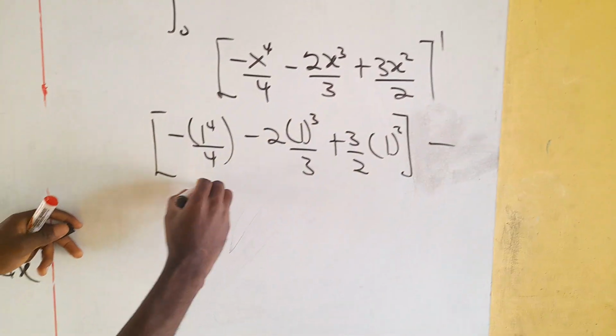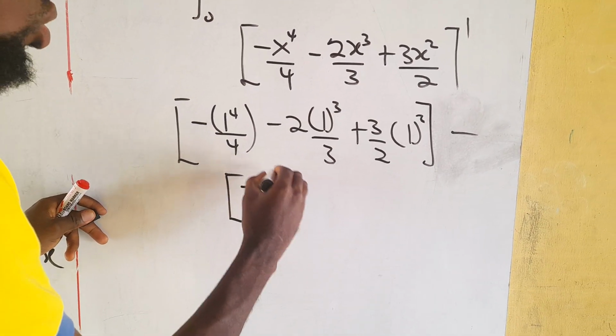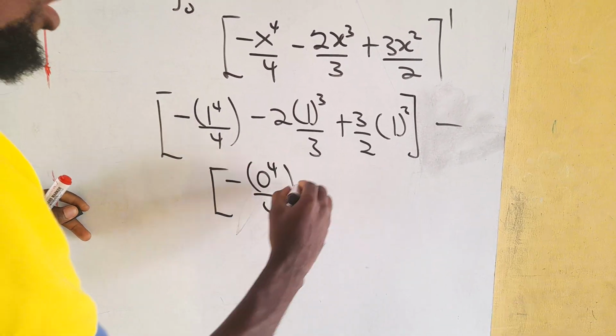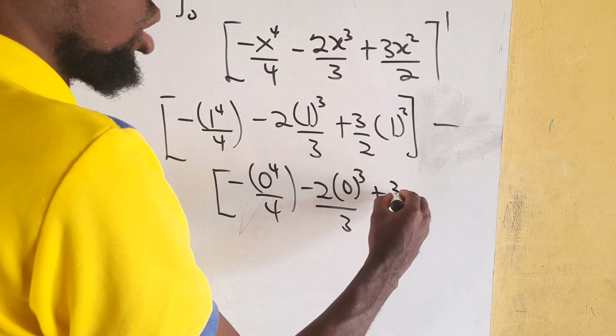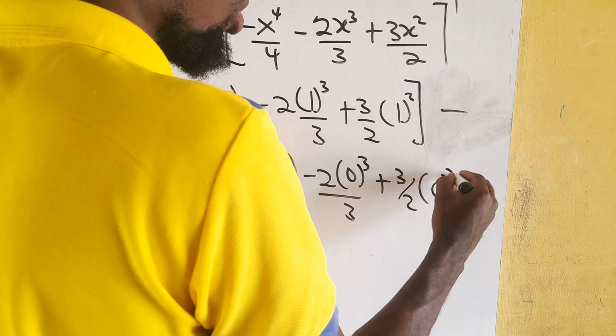So minus 0 exponent 4 over 4 minus 2, 0 exponent 3 over 3 plus 3 over 2, 0 exponent 2.